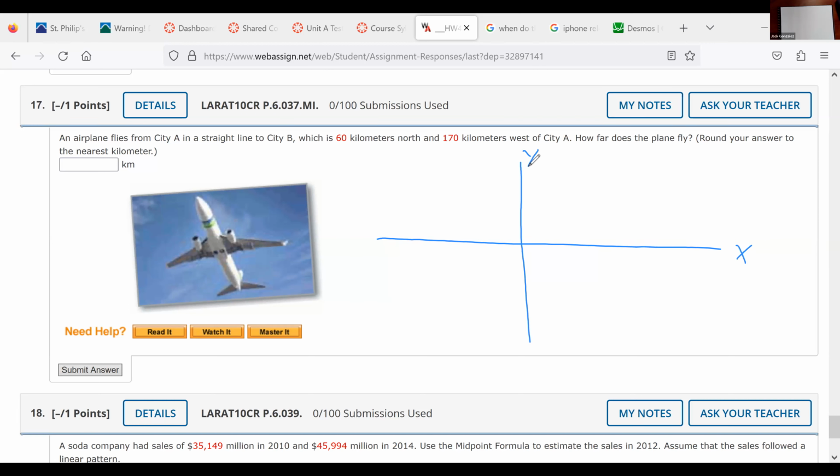I see how to do it now, but let me try to visualize it for you. These two values are basically your x2 minus x1 and y2 minus y1. They've already given the distances, so you don't have to subtract. Just plug them straight into the formula.